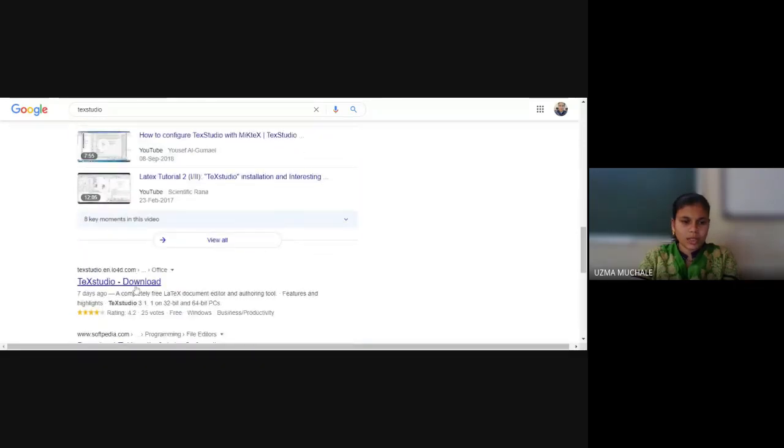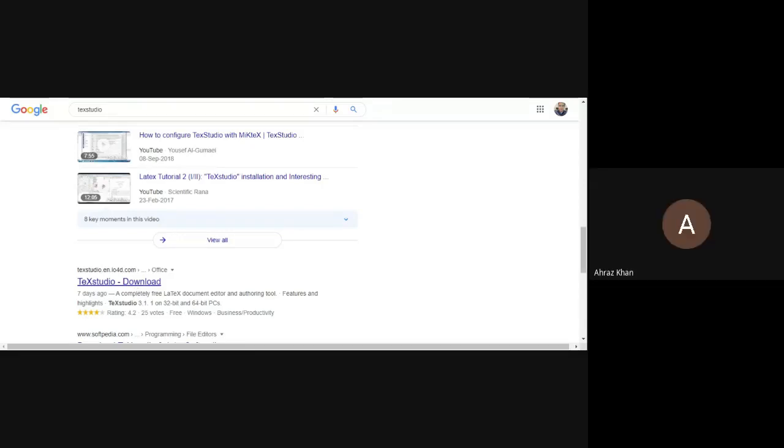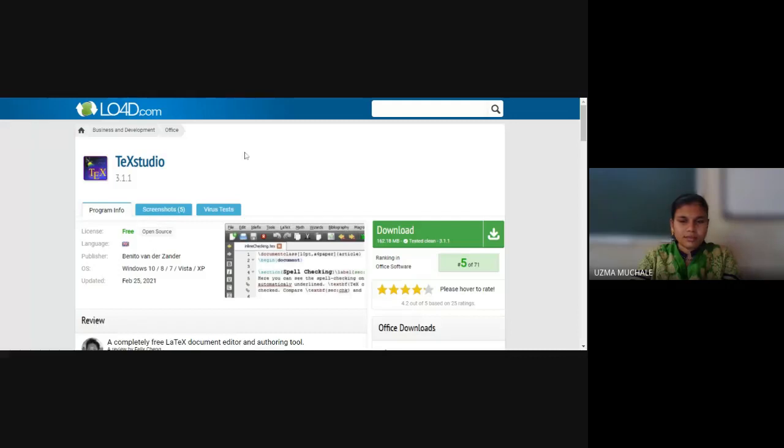Okay, let me show you the TeXstudio download. And what about mobile phones? I will tell later on, but if you want to do it on a mobile phone, there will be a big typing problem, because if you want to do a project on a mobile phone, it is difficult, you have to type 40 pages.